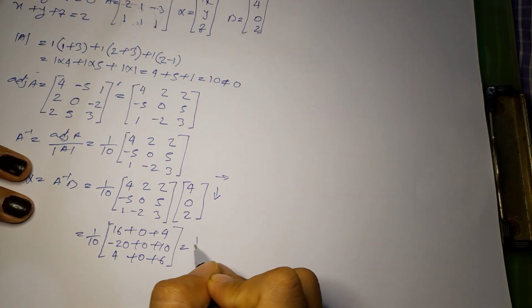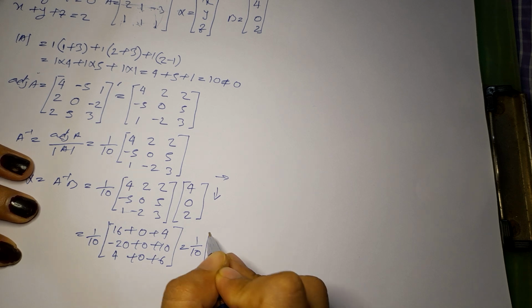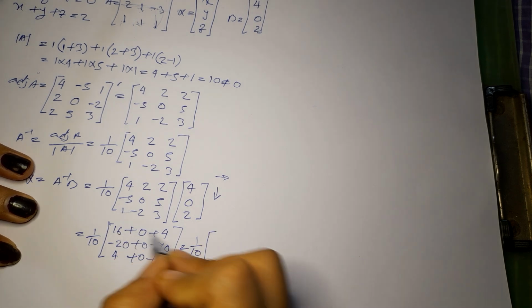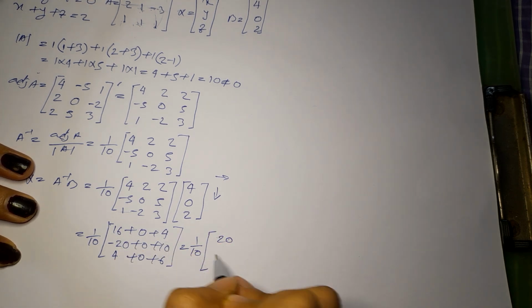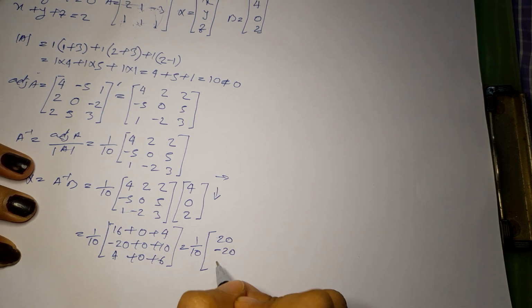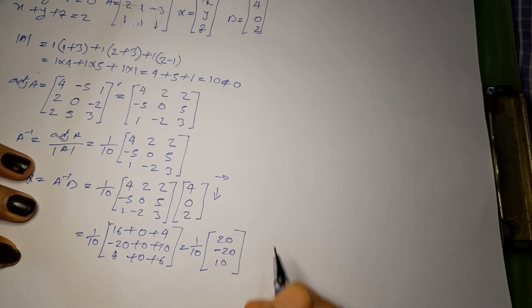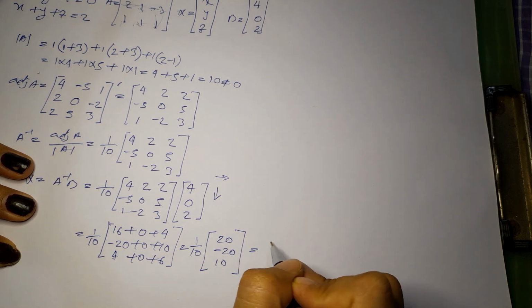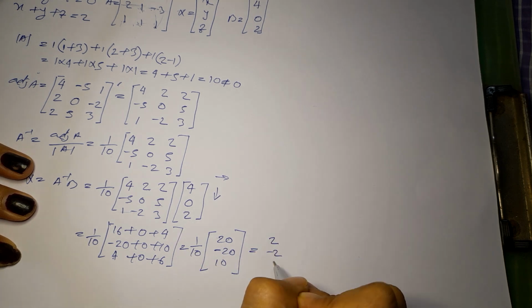So equal to 1 by 10, keep it outside. 16 plus 4, that is 20, minus 20, and this is 10, divide by 10. So if you divide by 10, it will give 2, minus 2 and 1.